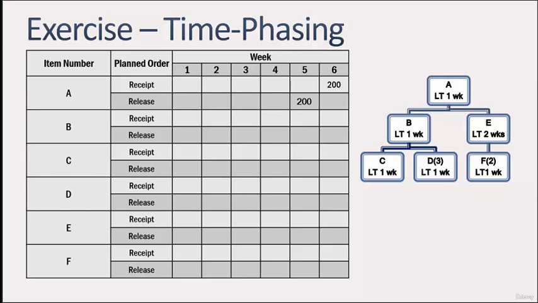According to the bill of material, item B and E must be available to make item A. MRP needs to schedule an order receipt of 200 pieces of item B and 200 pieces of item E in week 5. Based on item B's lead time of 1 week, MRP needs to schedule an order release of 200 pieces in week 4. Based on item E's lead time of 2 weeks, MRP needs to schedule an order release of 200 pieces in week 3. Here's the rest of the solution.